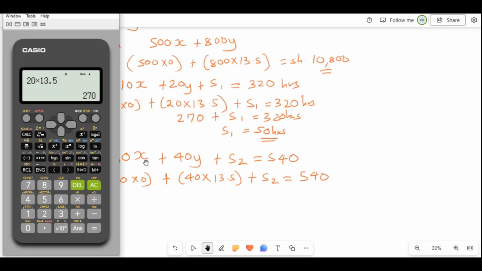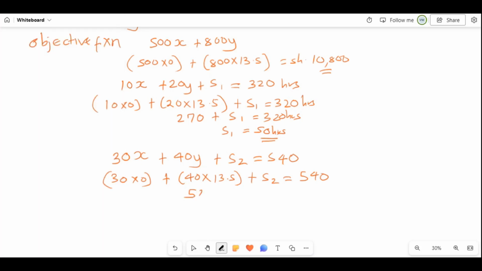And 40 times 13.5 would be 540. So you can see that of the 540 available, the 540 has been utilized.